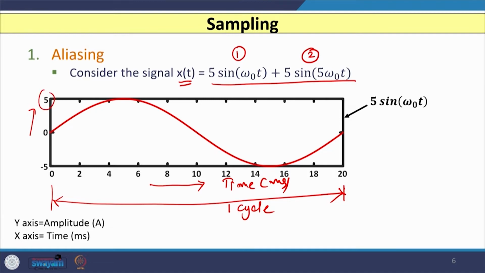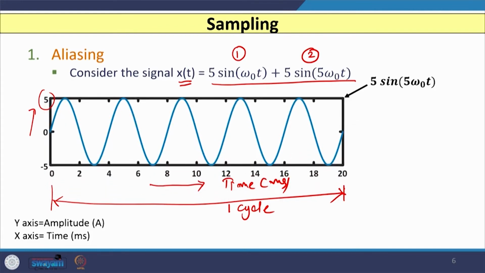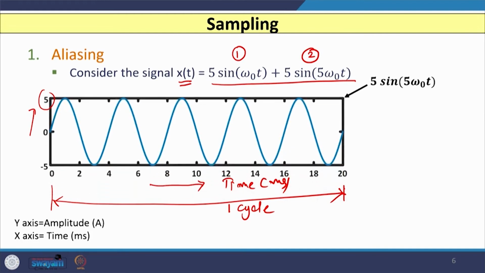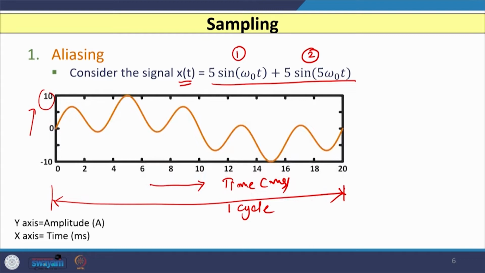Now, if I plot the second part of x(t), that is 5 sin 5 omega 0 t, you can see on the x axis that 5 sinusoidal waves are available in 20 millisecond, compared to the earlier case where you have only one sinusoidal wave in 20 millisecond. Moreover, the amplitude is also 5, and if I combine both part 1 and part 2 of x(t), you will have the signal which looks like this.